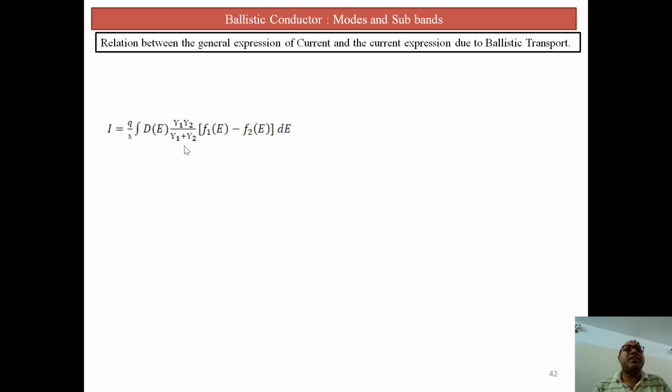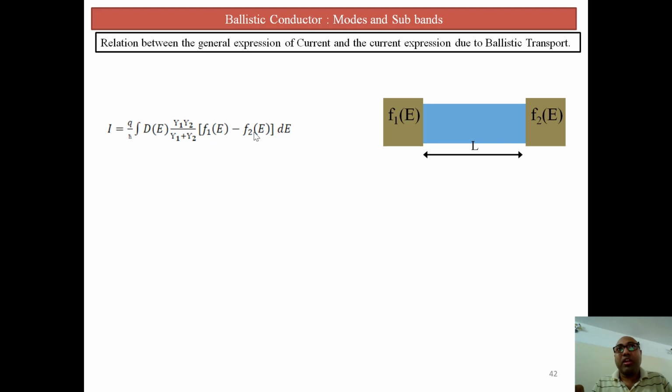Then getting a current expression is analytically very easy. You don't need a numerical solution, because otherwise you need a numerical solution, as it is a function of potential and all these things. But if you know it's ballistic, almost on paper you can write all this expression nicely. Okay, so that is what we are doing.